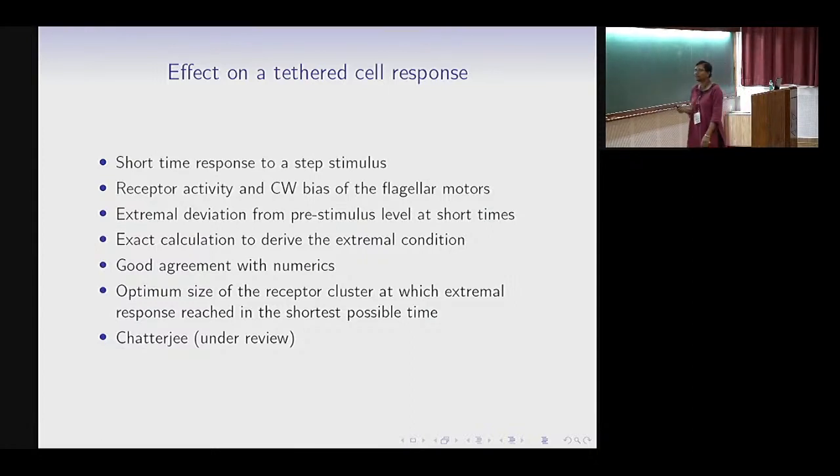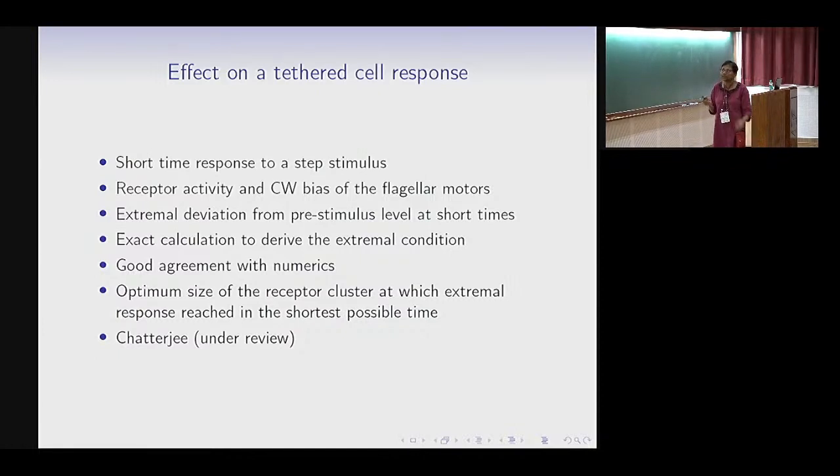And the third question we ask is, what is the short time response to a step stimulus? Most of the experiments on E. coli happen on tethered cells. Although people do look at swimming cells experimentally too, most of the experiments happen on tethered cells.